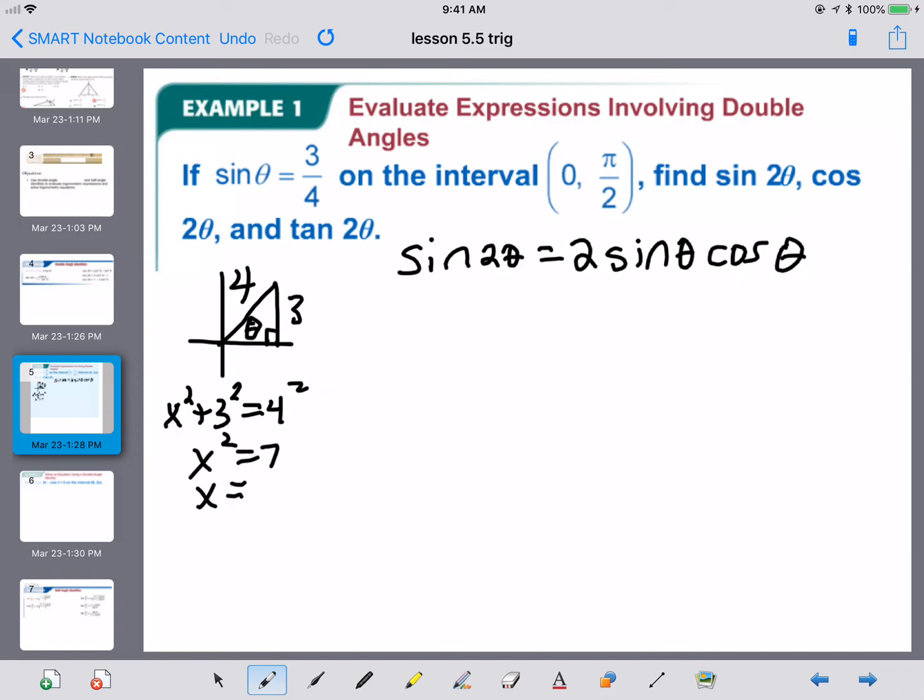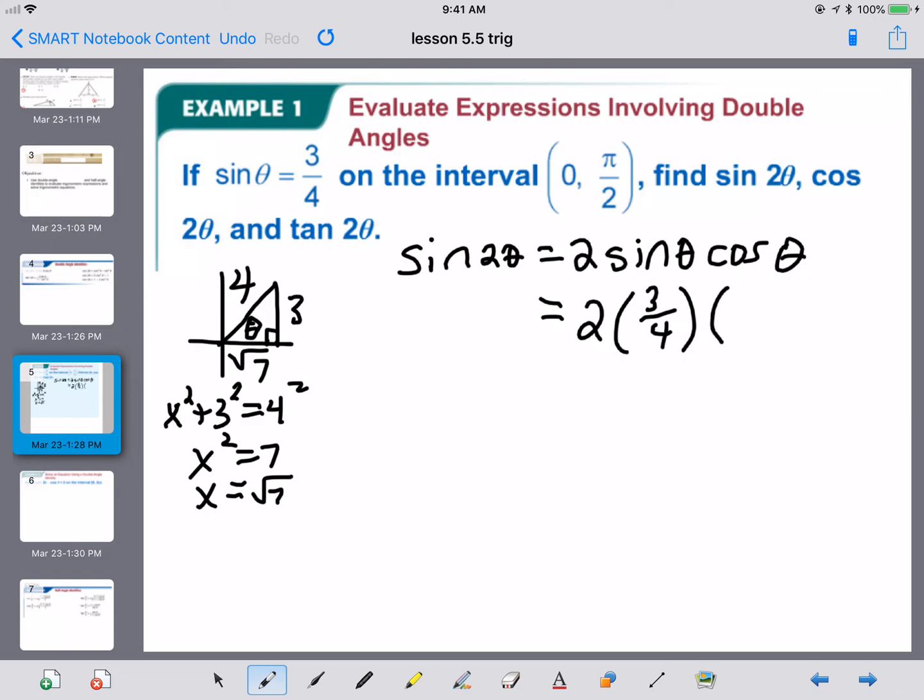So it's the square root of 7. It's technically plus or minus the square root of 7, but when we are in the first quadrant, that is positive, okay?